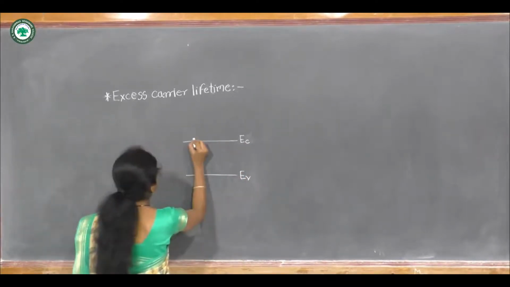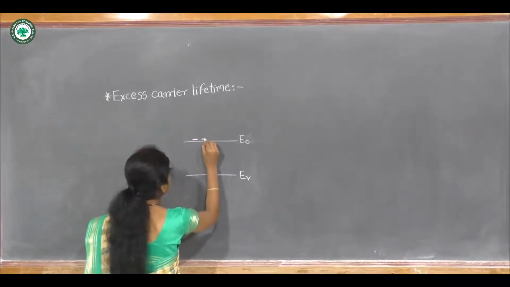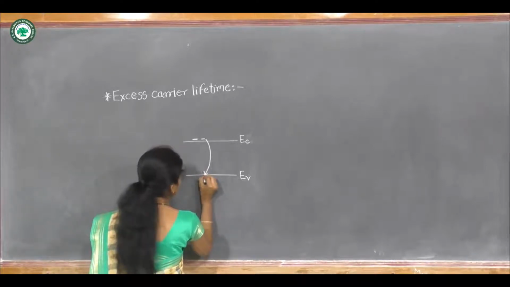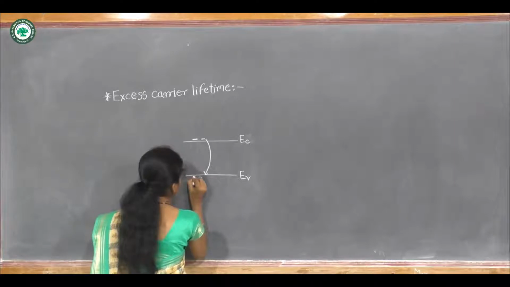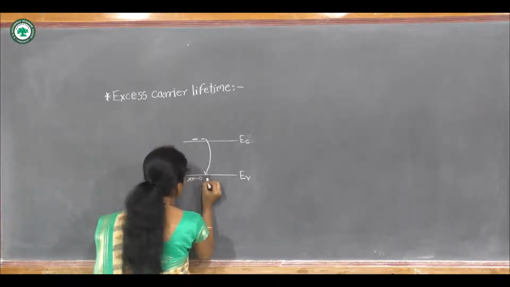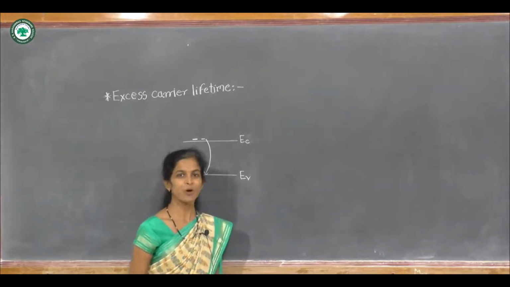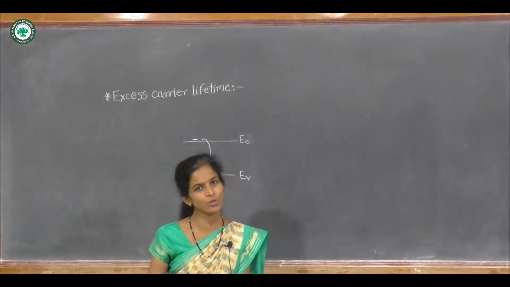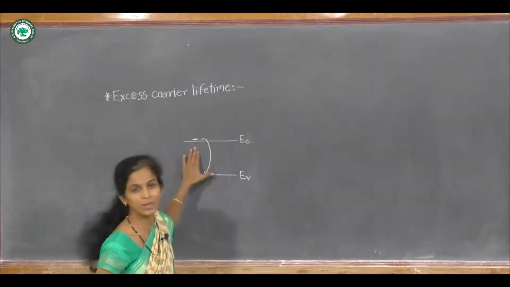When an electron in the conduction band makes a transition and recombines with a hole, this process is a spontaneous process. That is, no external force or external agency is required for this recombination process.